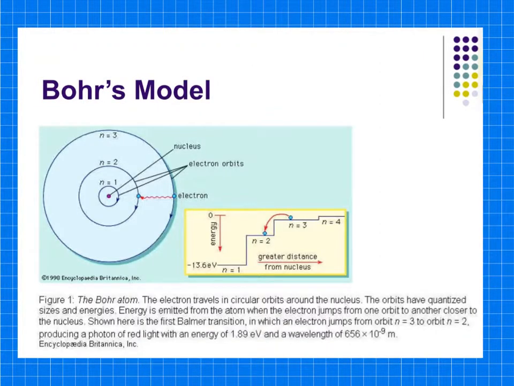Since Rutherford did not specify what was happening with the electrons, Niels Bohr further developed where these electrons could be. Even though it is incorrect in that the electrons don't follow these perfect little orbitals, the concept is correct.